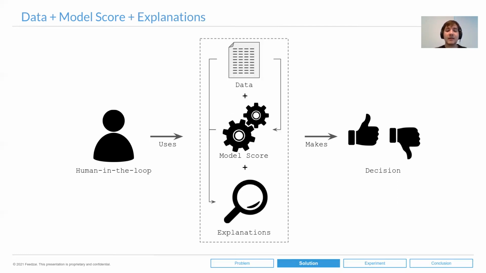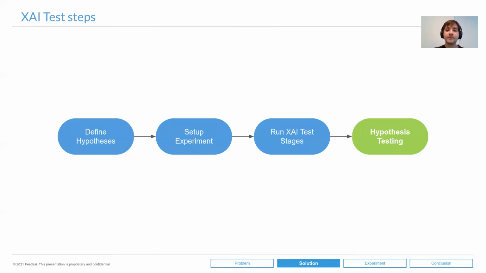And then we have the explanations, which are based on the data and on the model score, and try to explain why the model made a score close to 1 or close to 0, or above a threshold or below a threshold.